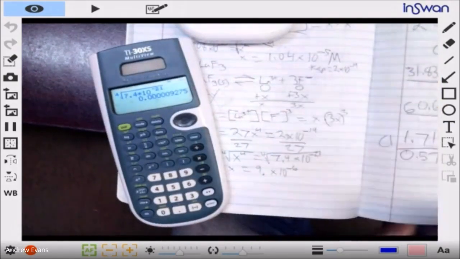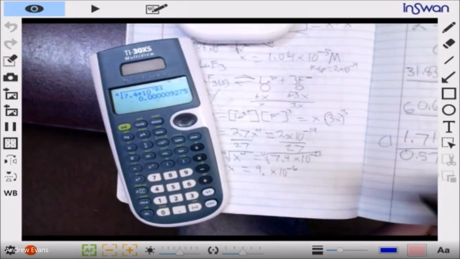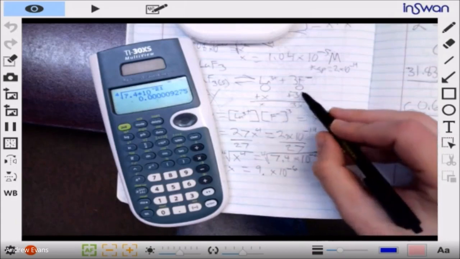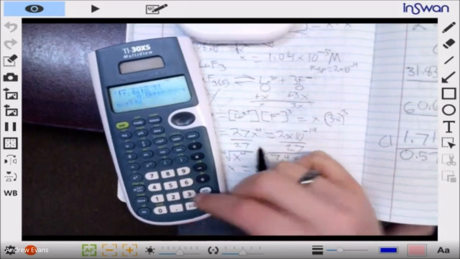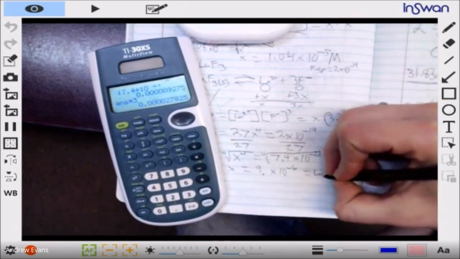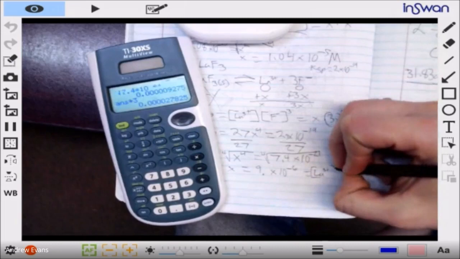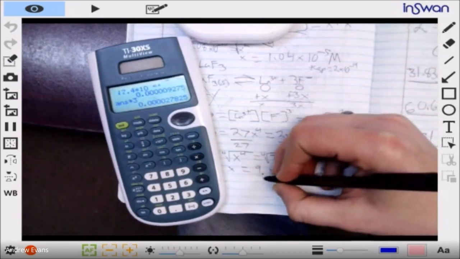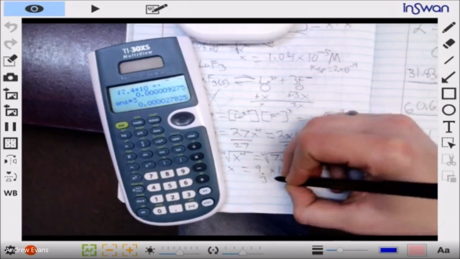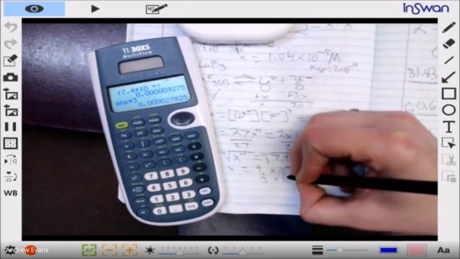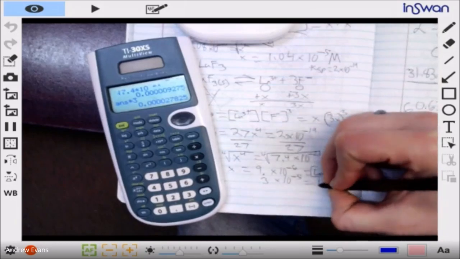That is equal to X. Now, however, if I'm asking for the amount of fluoride dissolved, fluoride is not X. Fluoride is, once again, 3X. So the answer for fluoride would be 3 times that, or essentially 2.7, we'll just round it to 3 times 10 to the negative 5th F minus.